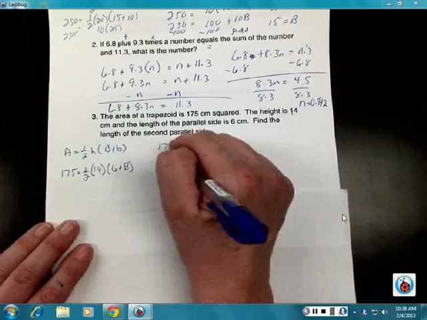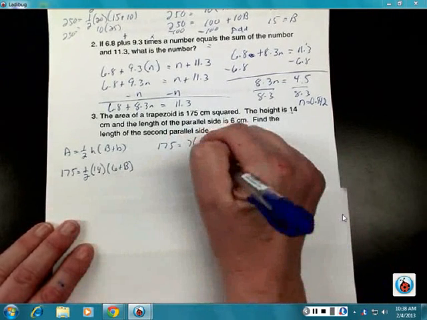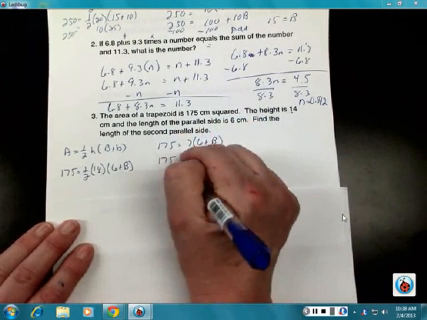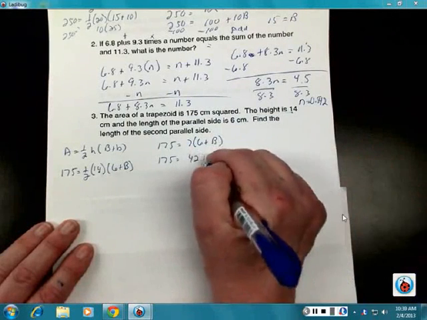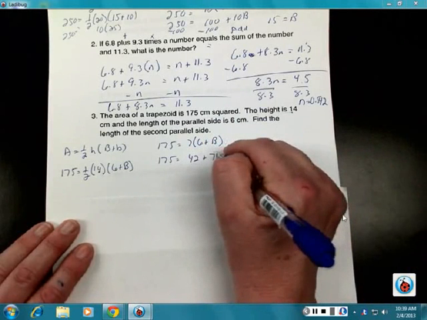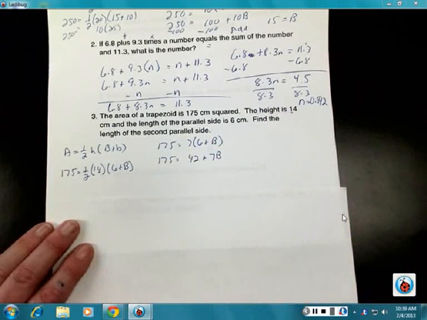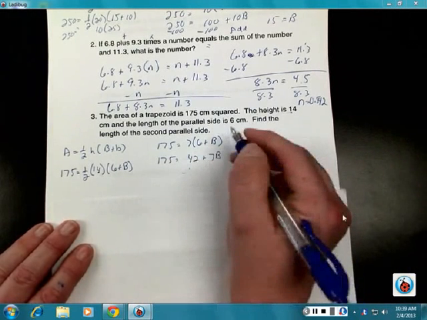So 175, 2 goes into 14 seven times, leaves me with 6 plus big B. Distribute. 6 times 7, good old 42. 7 times B is 7 big B. Now what? So you would minus 7B. Wait, no, you won't.